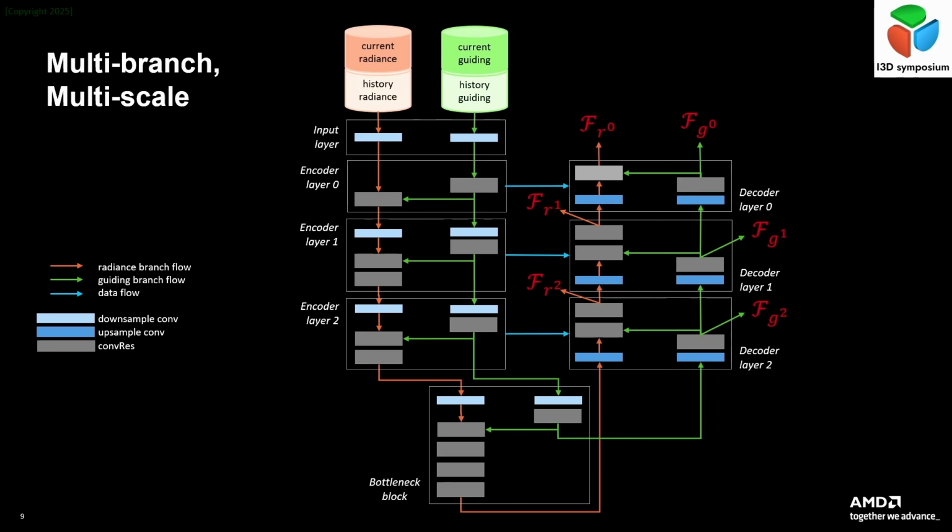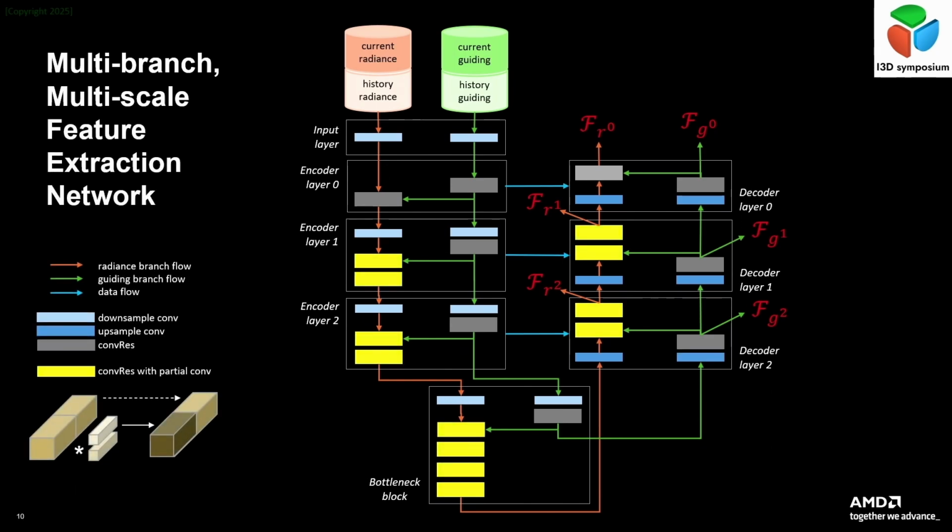As you see here, this multi-branch network model allows us to design a much smaller number of convolutional layers for the guiding branch, as well as a smaller number of parameters, because they are noise-free and we don't really need a large or deep network architecture for that guiding branch.